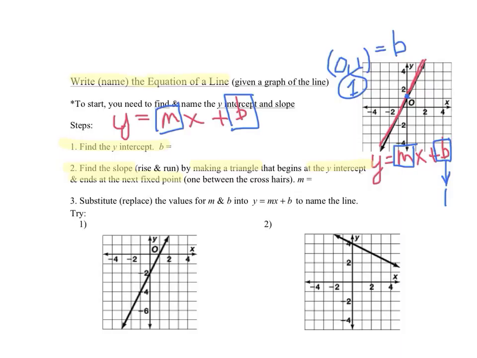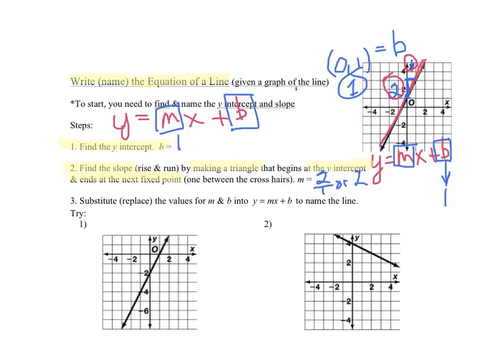So we can draw a triangle that goes up from this point, up 2 spaces here, and across 1. So this is a rise of 2 and a run of 1, which means our slope is 2 over 1, which is the same thing as 2. And we know that the y-intercept is 1.